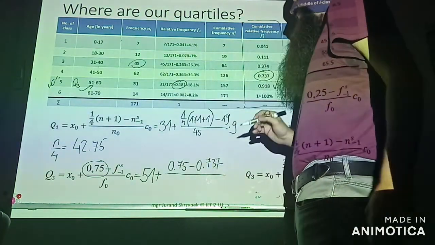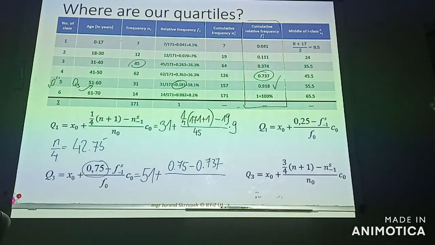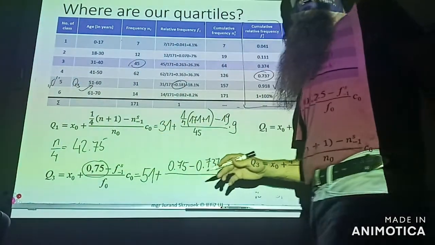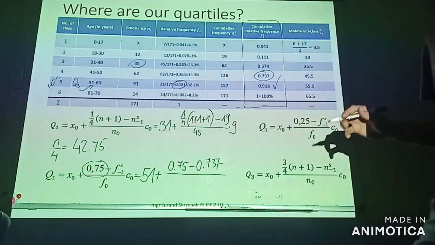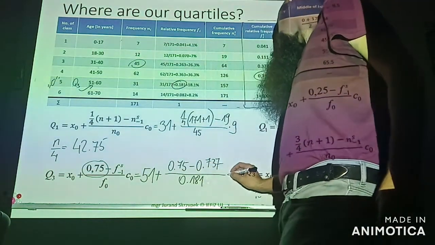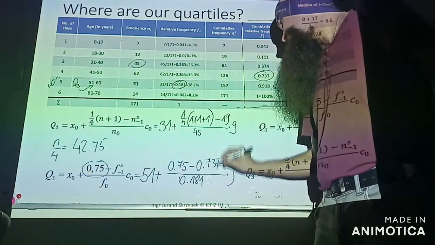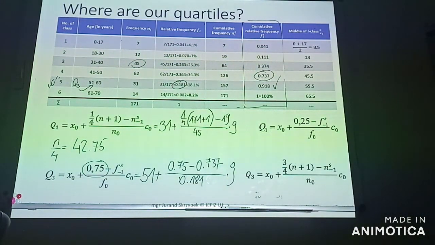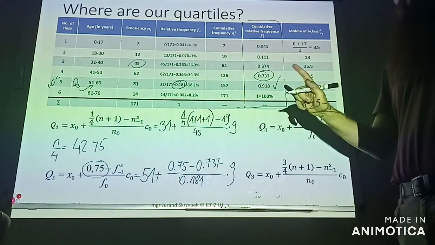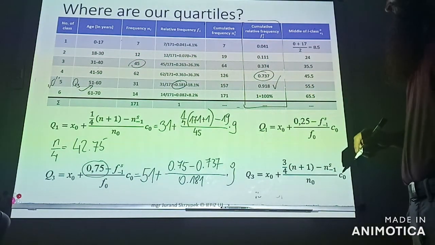F0 here is the relative frequency from exactly the class of the third quartile, 0.181, multiplied by 9. And we will receive the value of the third quartile of age. Please check it out at home. This is your unofficial homework.